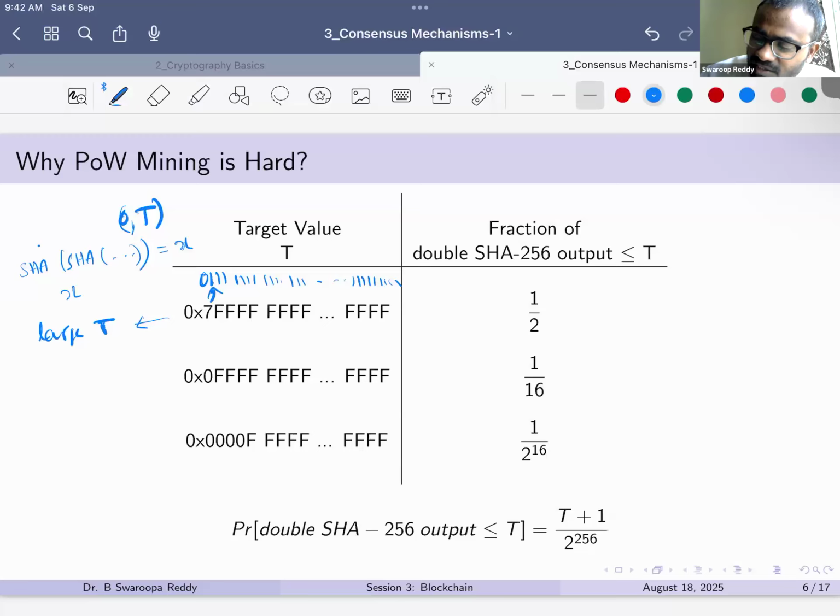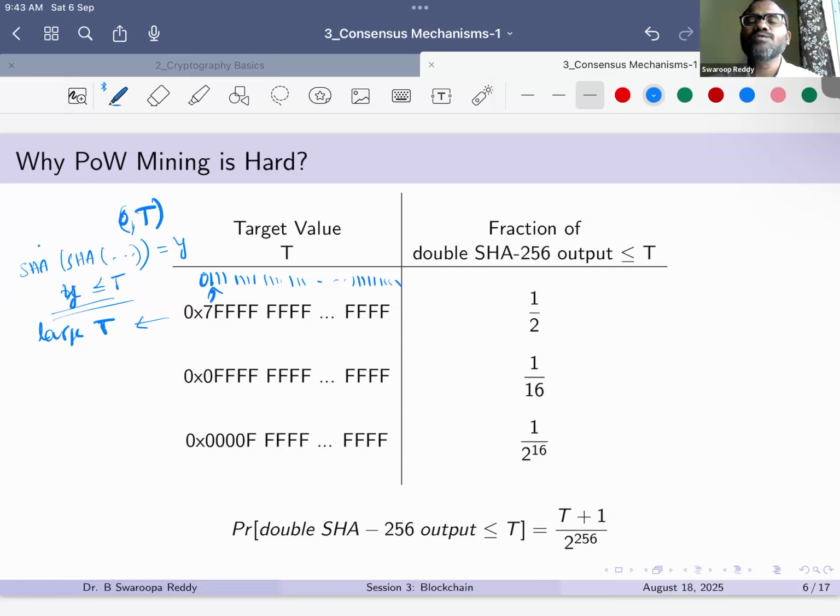You need to solve for x being less than or equal to T. We have already seen it as y, so we will consider it as y. So y should be less than or equal to T. You need to get this value.